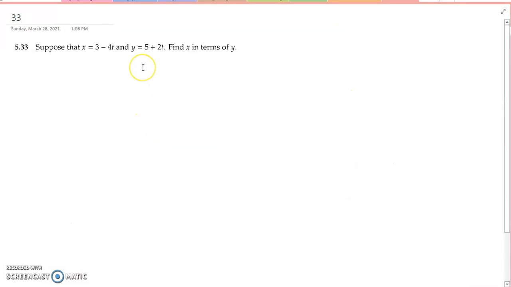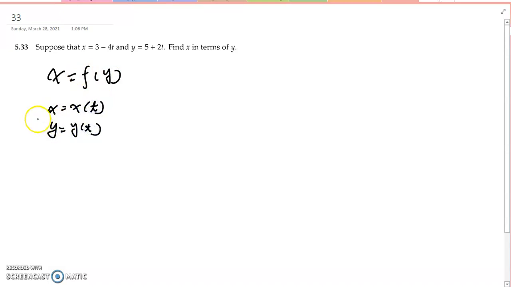The second problem. We want to find x as a function of y. We can see both x is a function of t and y is a function of t.